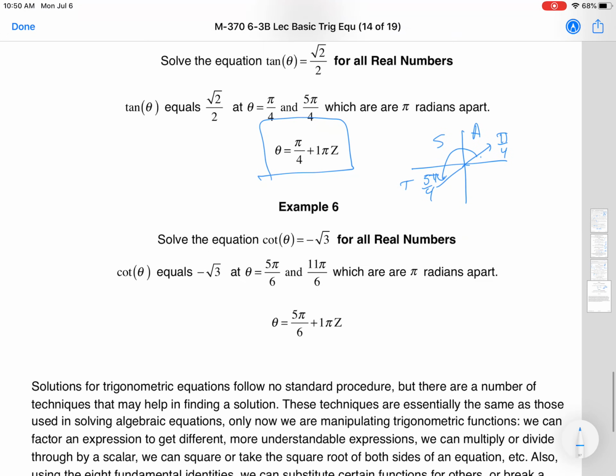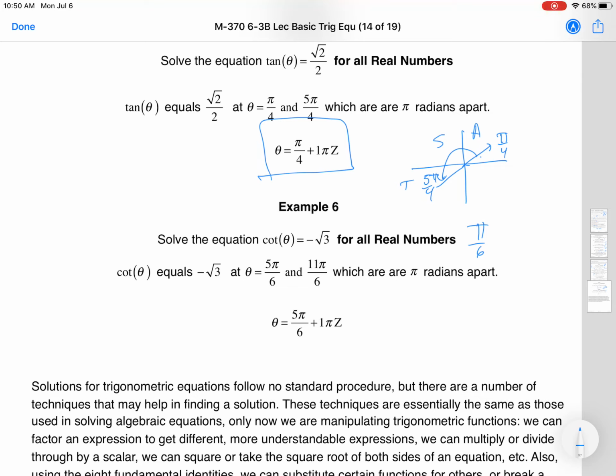Same with cotangent. Cotangent theta being negative root 3 is going to be related to a pi over 6 reference angle. Notice that all of a sudden he's dropping all of the details about how to justify that that's pi over 6. That's the previous sections. That's what's got to be done really quickly, is say, okay, how can I justify what the reference angle is?